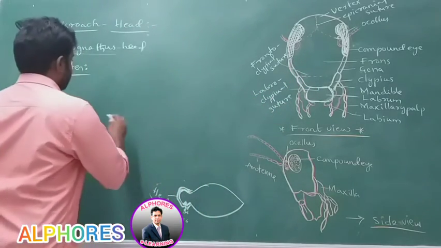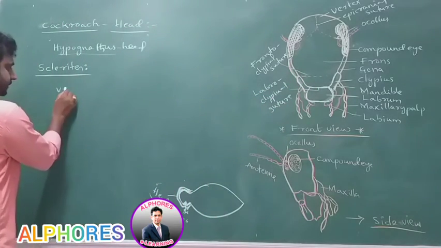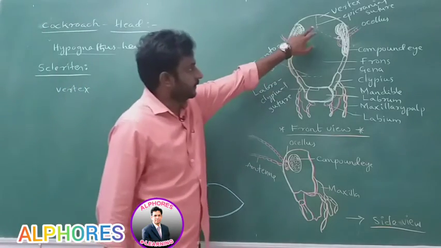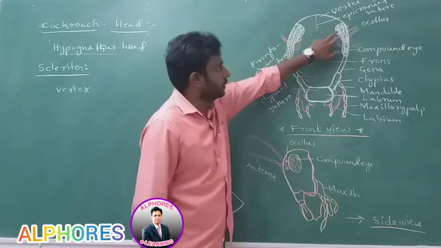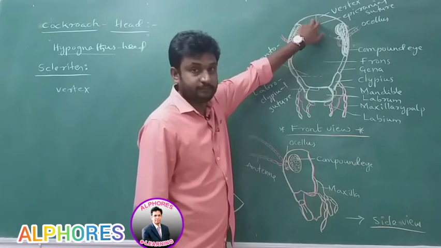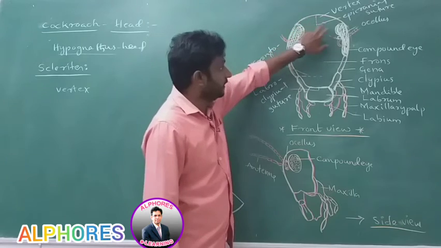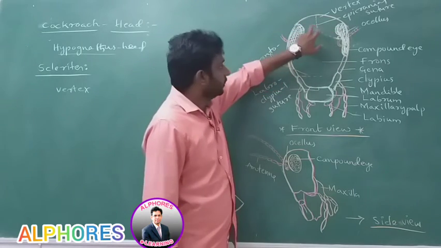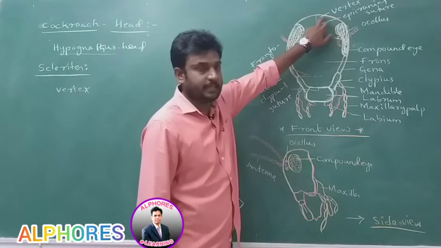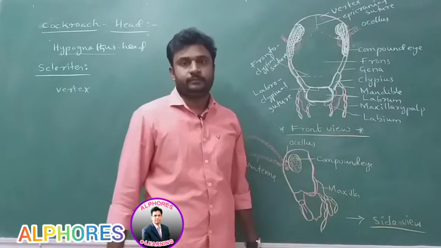The first one is the vertex. These two are the compound eyes. The top of the head between the compound eyes is one segment, which is called the vertex.